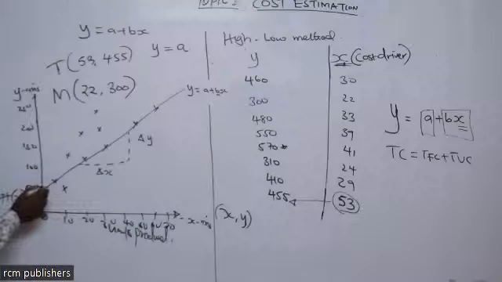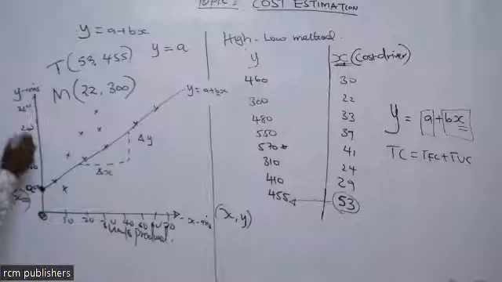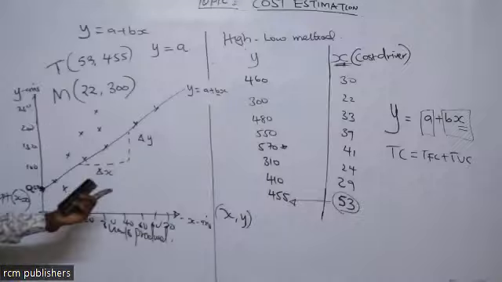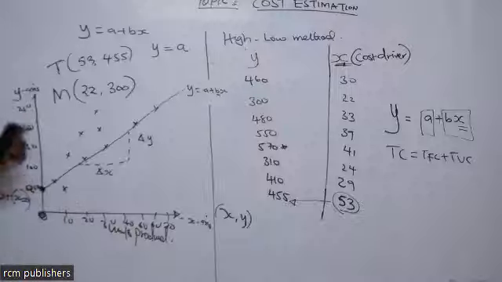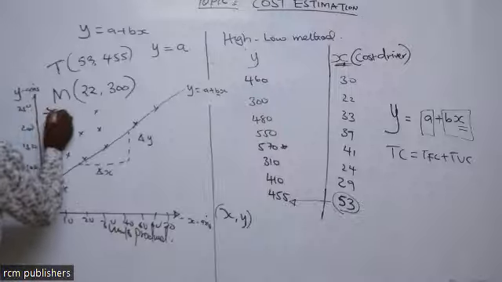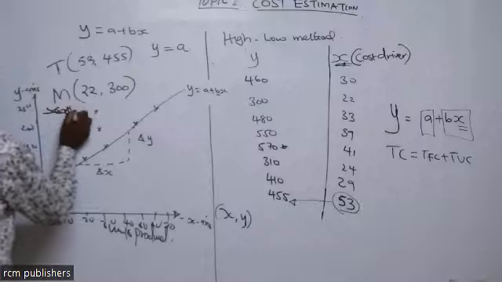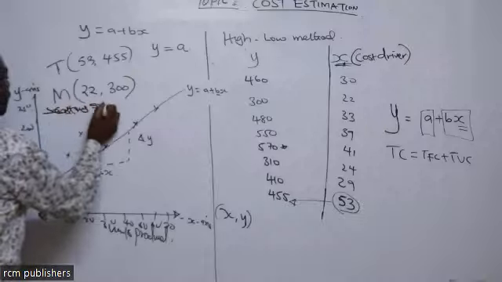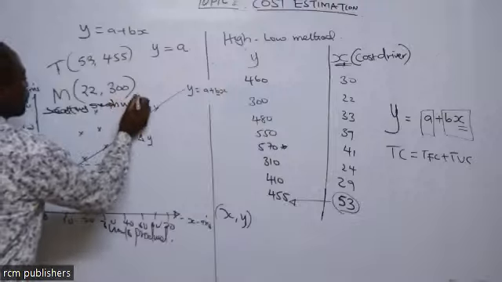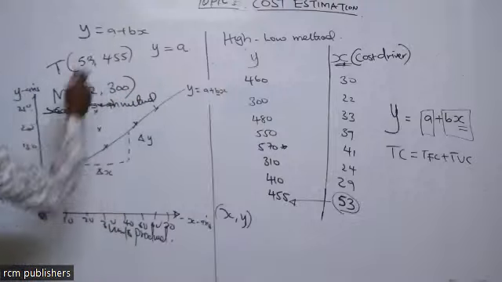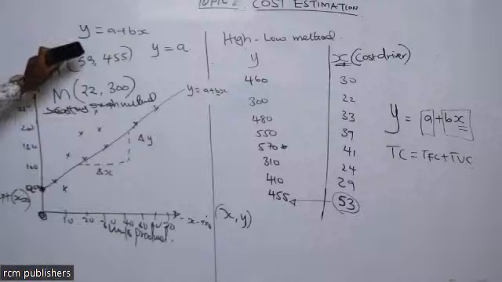So at this point, the y-intercept, when x is equal to 0, that value of y becomes our fixed cost. So this is the concept of what we call the scattered graph method.